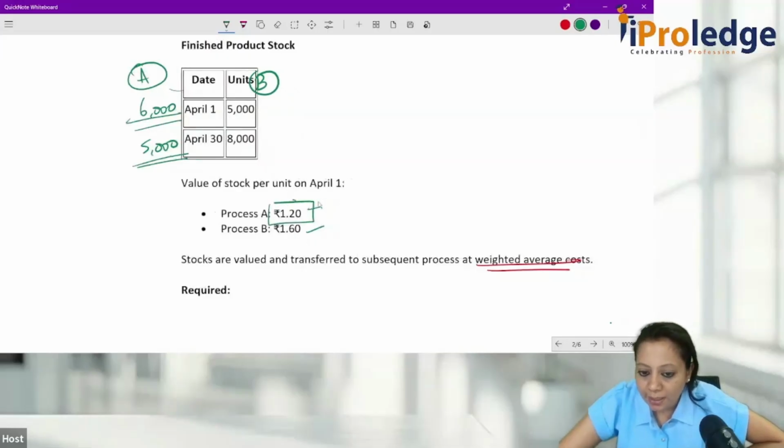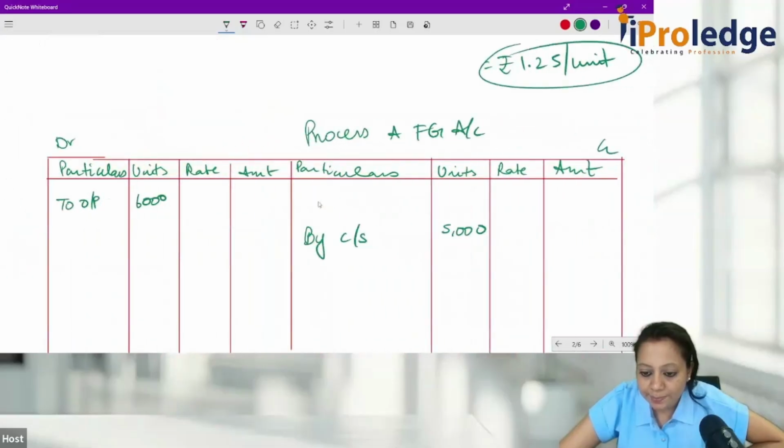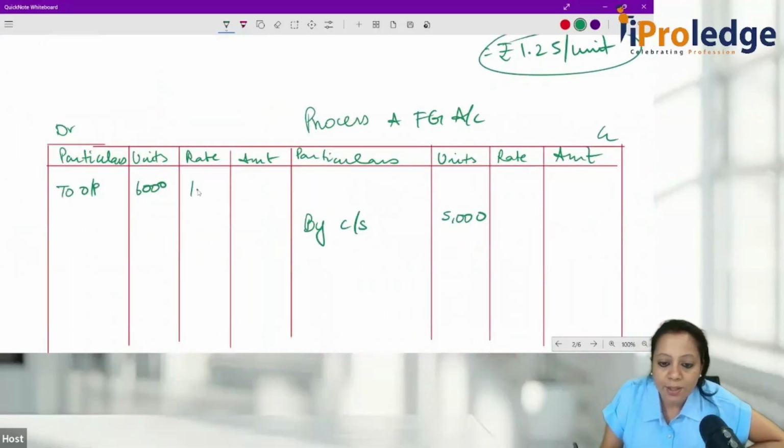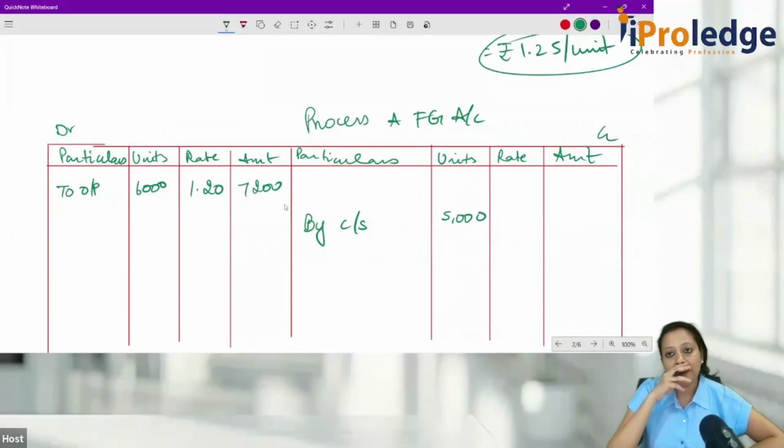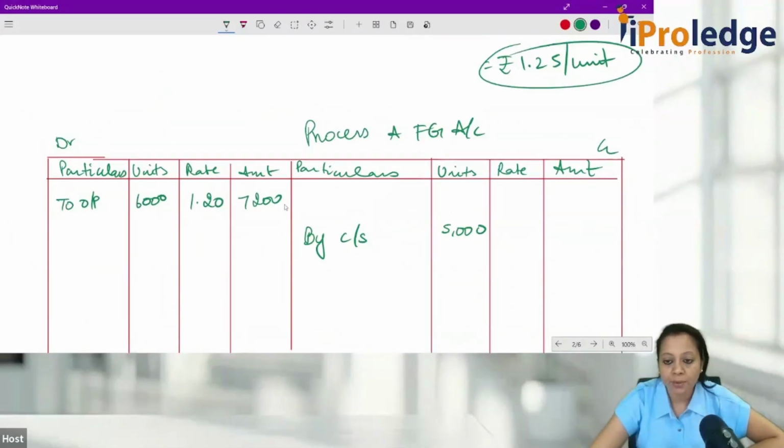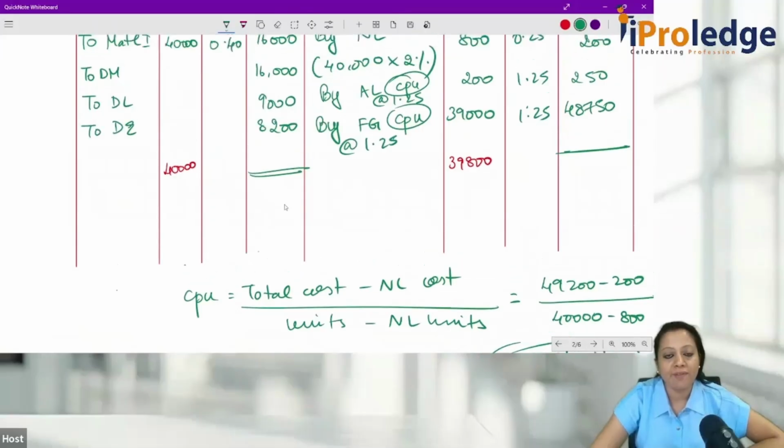Okay. So now let us go and see here. Can I say it is going to be 1.20 opening stock? Yes. So 6,000 into 1.20. How much is that? So 7,200. Up to this clear, everyone? Right. So now here we wrote what? By FG.